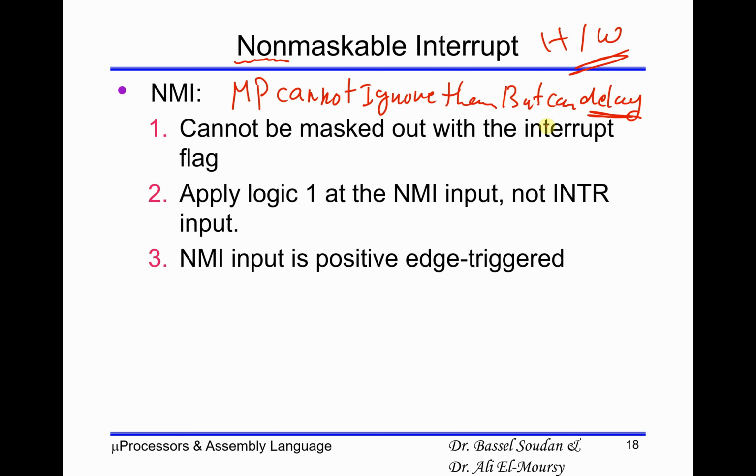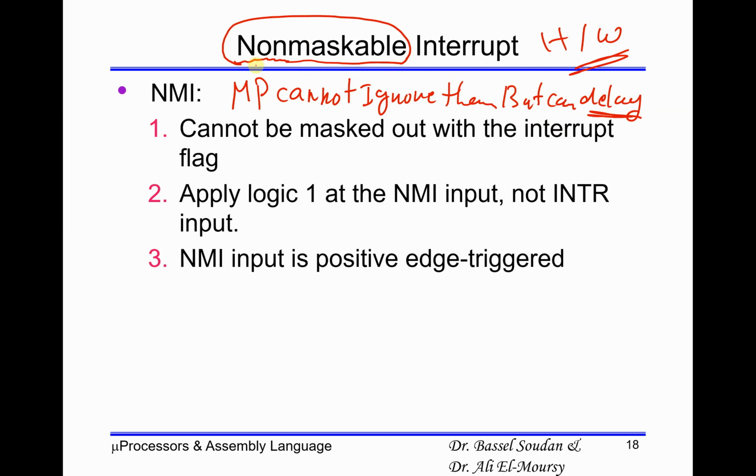If it is executing some higher priority interrupt, it will finish the running interrupt first and then go and execute the interrupt service routine for the non-maskable interrupt.